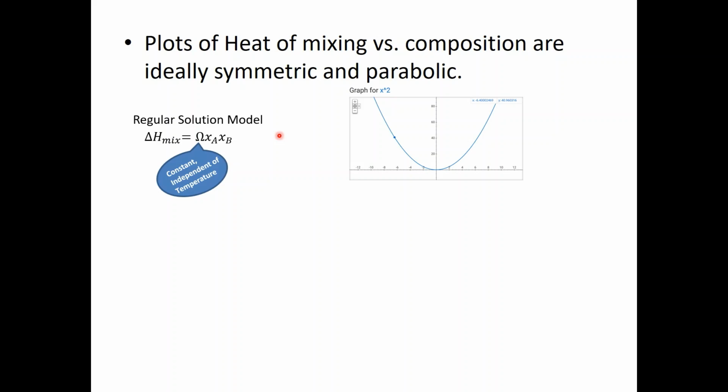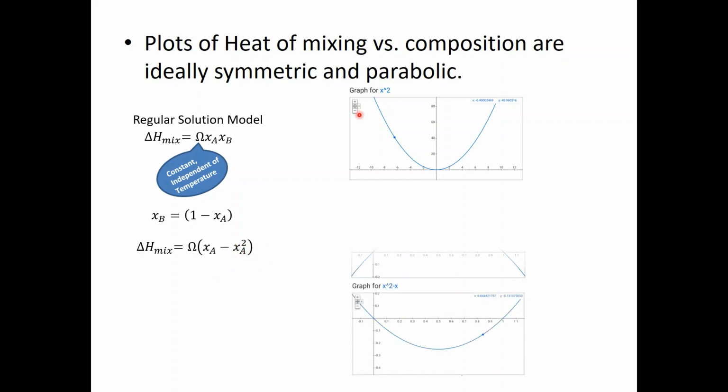One thing about omega: it's a constant and it's independent of temperature. When you rewrite one of the compositions in terms of the other, we can rewrite the fraction of B in terms of the fraction of A, so we get 1 minus x_A. We can rewrite our heat of mixing equation as omega times the quantity x_A minus x_A squared. So we have our x squared term.